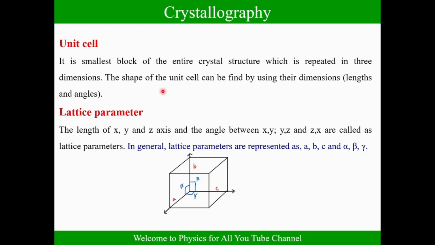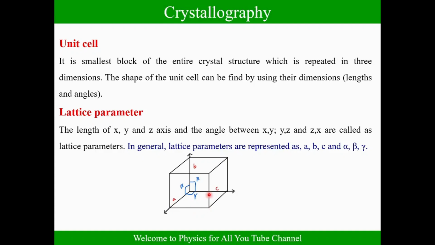If you can identify the shape of the unit cell, then it is very easy to identify the total shape of the given crystalline material. In order to identify the unit cell shape, it is necessary to identify the length of the x-axis, length of the y-axis, and length of the z-axis. These lengths are called a, b, c.